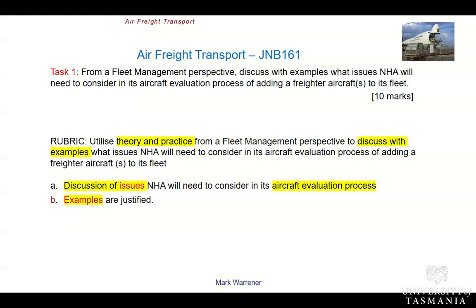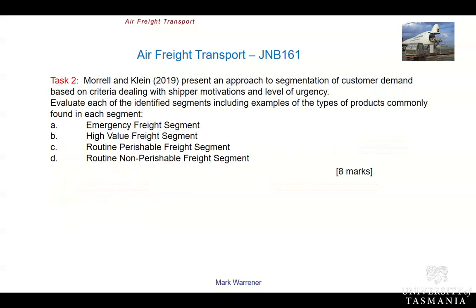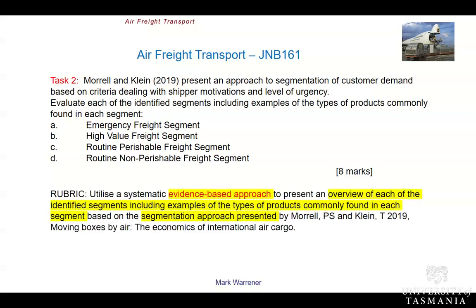Any questions? Okay. Now the next one is evaluate each of the identified segments, including examples of the type of products commonly found in each segment. So the rubric says to use an evidence-based approach to present an overview of those segments.